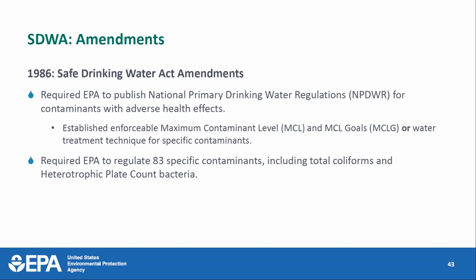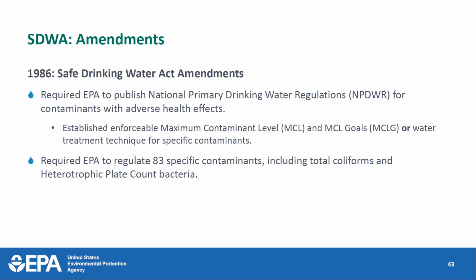MCLs are the level that can be in water that's enforceable. MCLGs are the goals of levels of chemicals that you would like to have in water. You would like to get to that goal, but sometimes it's not feasible by treatment, and the goals are not enforceable, but MCLs are. Treatment techniques are where the regulation will say, for instance, you should apply this treatment, and in doing so, that will knock out this many cells or this type of contaminant.